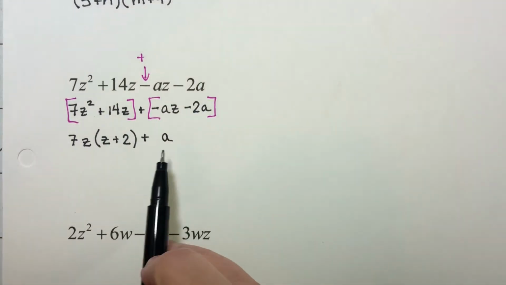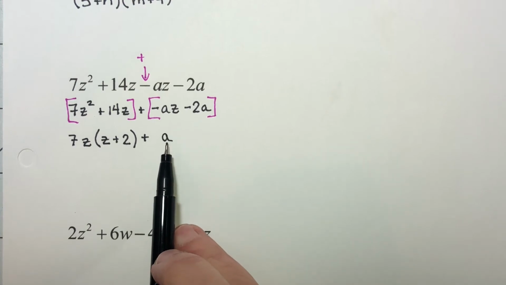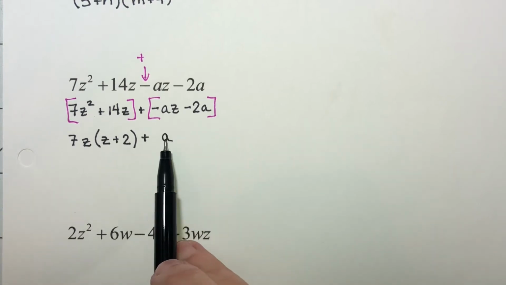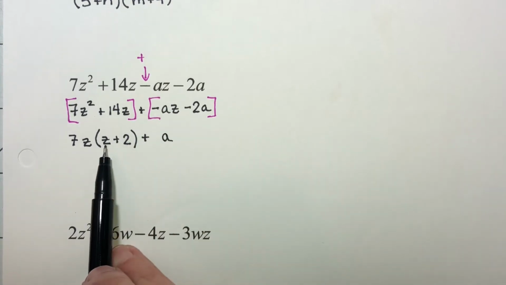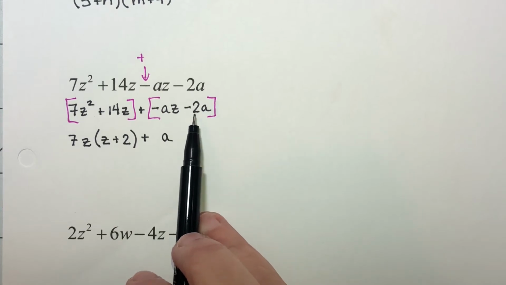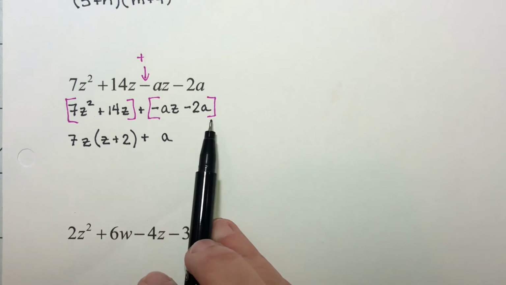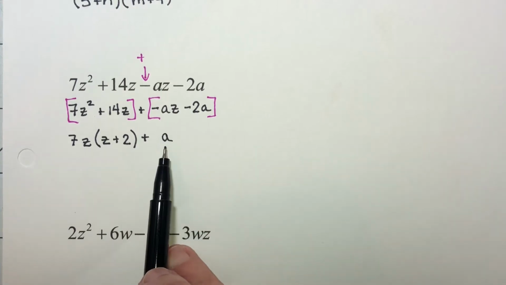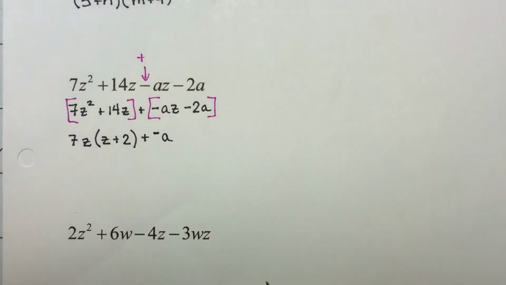I'm either going to factor out A or negative A. If I factor an A out of this one, I get negative Z. This is a positive Z. If I factor an A out of this one, I get a negative 2. I have a positive 2 here. The signs would be wrong on both of them if I factor out a positive A. So I choose to factor out a negative A.